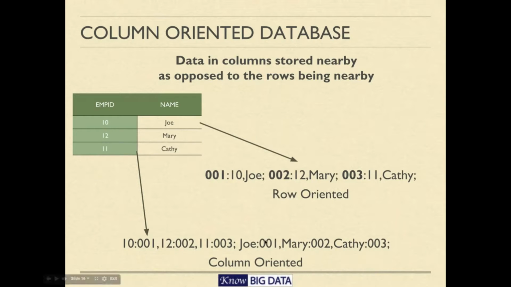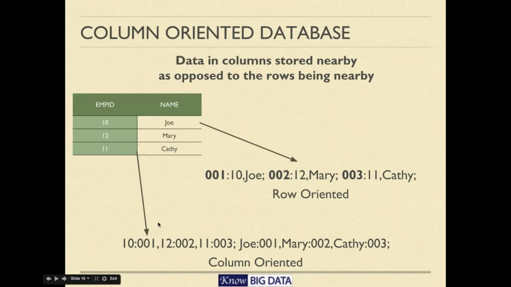For example, in the first approach, the row oriented way, which is the traditional approach, this table is being converted into a file, and the way we are saving it is: in the first row we store 10, Joe, in the second row 12, Mary, in the third row 11, Kathy. This is the row oriented way of storing in the file.